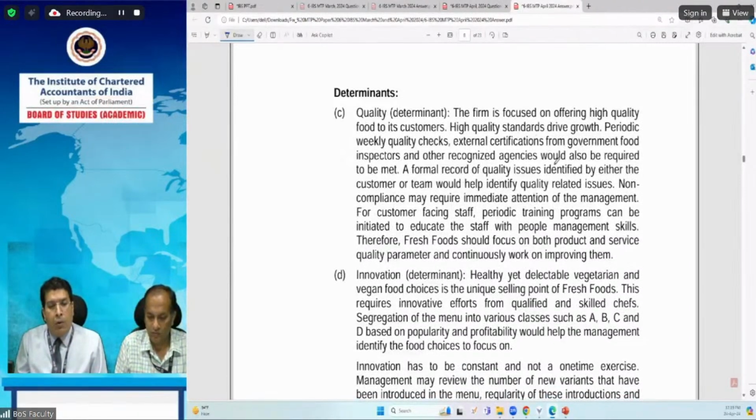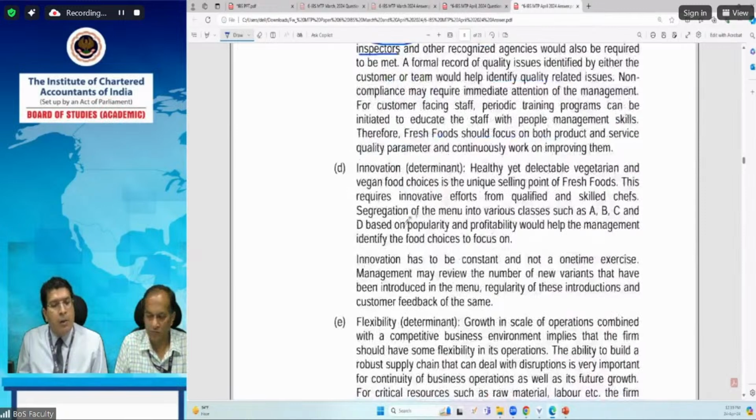After this, the next dimension is quality. For quality, they have proper quality checks and external certification from the government food inspector, etc. For innovation, they have tried to innovate by hiring chefs, and they divided food into various categories.